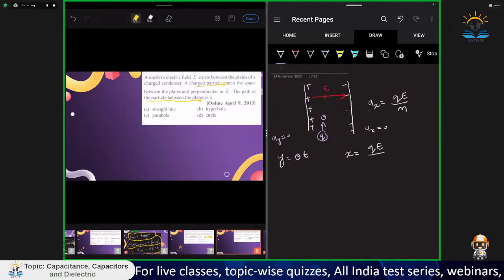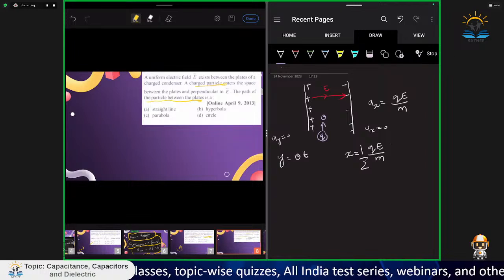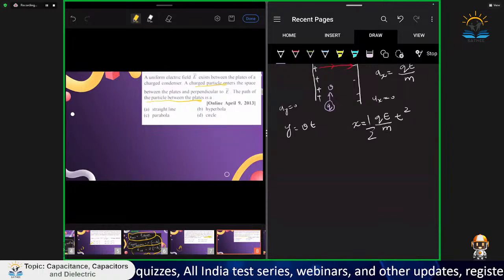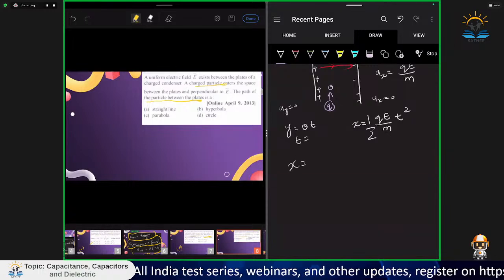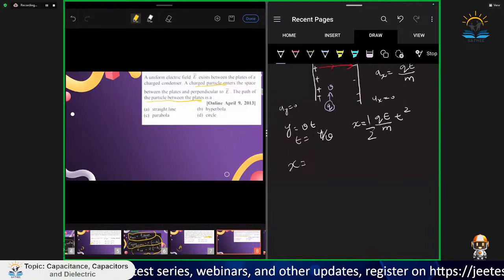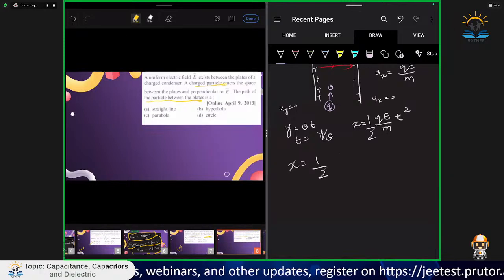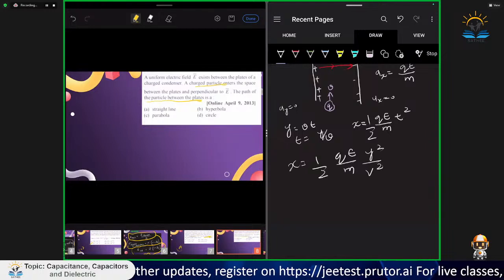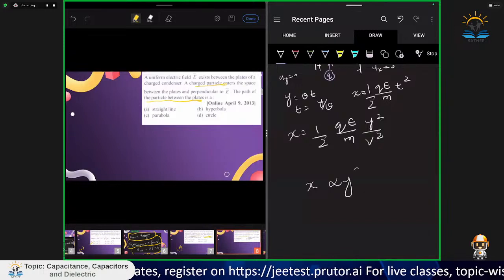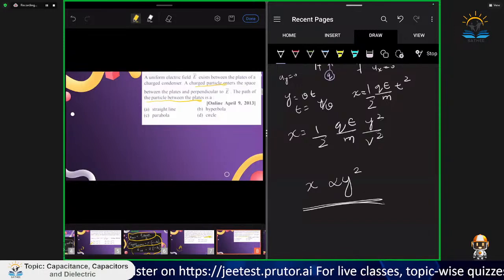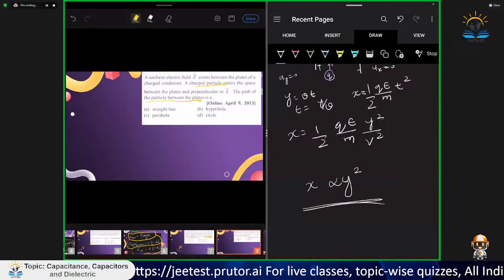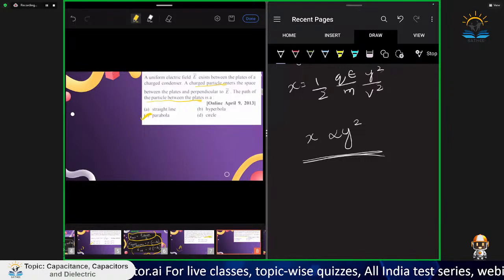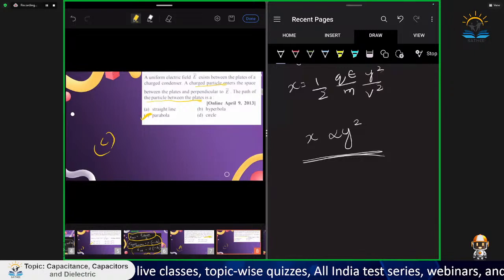So x is equal to half Q E by m t square, and t is equal to y by v. So x equals half into q e by m into y square upon v square. So x is proportional to y square. Which curve corresponds to this equation? Of course, it is a parabola. Option C is our answer.